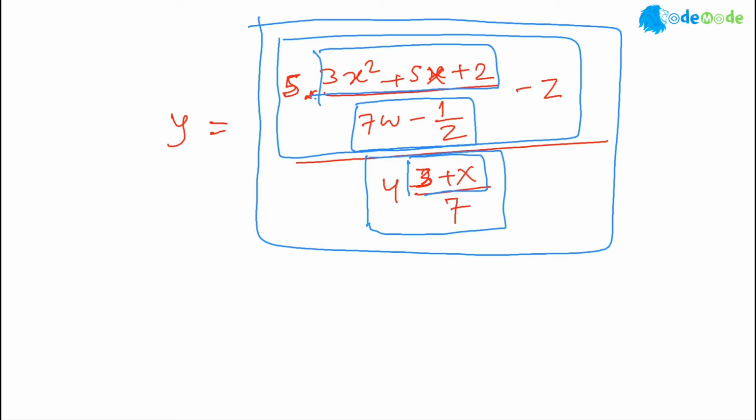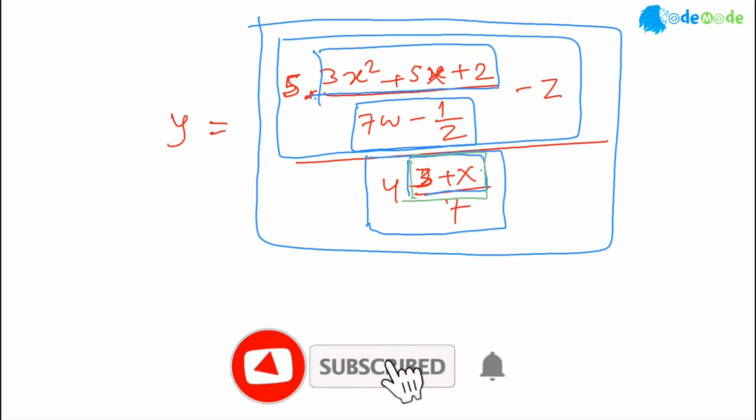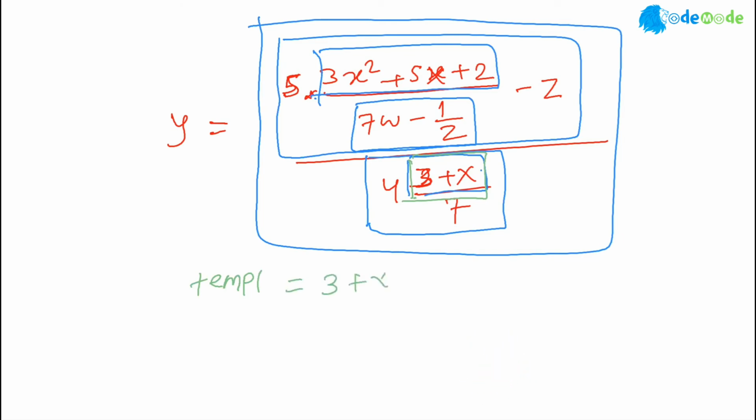This is how we are going to divide and conquer. Now, what I mean by divide and conquer is, let's first focus on this piece, the inner box. This green box, I'm drawing it here, and we will say a variable temp1 equal to 3 plus x.